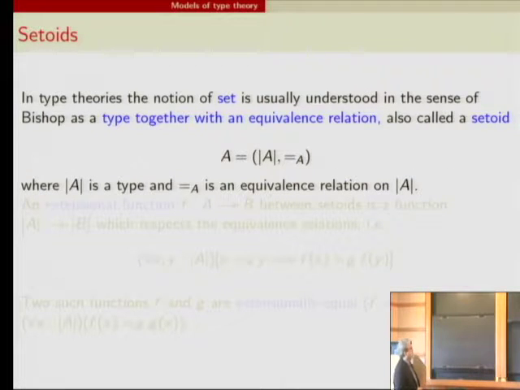Okay, so what is a Setoid? You probably know it. There are several things that are called Setoids in the literature, but I think this is the most common one. So in type theory, it goes back, of course, to constructive mathematics as developed by Bishop.